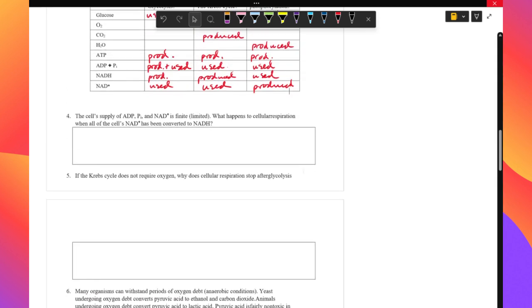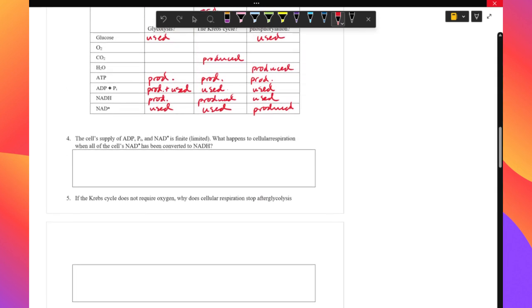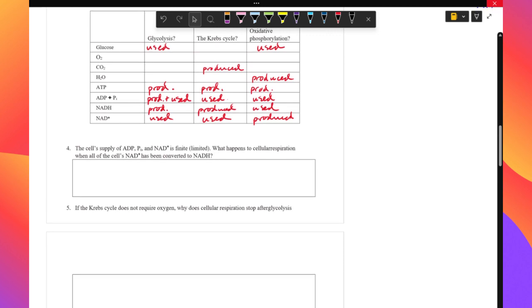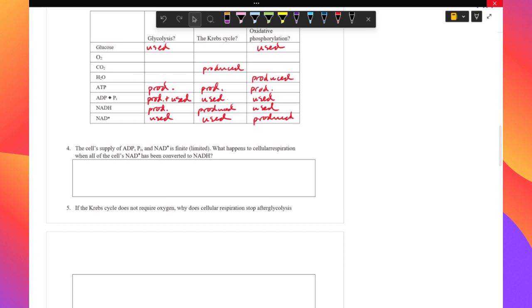So looking back at our chart here, anywhere where it's used, we've got glycolysis and the Krebs cycle just in this chart, those processes would be unable to continue because a necessary substrate is missing. So both of these processes would shut down if there was no available NAD+.